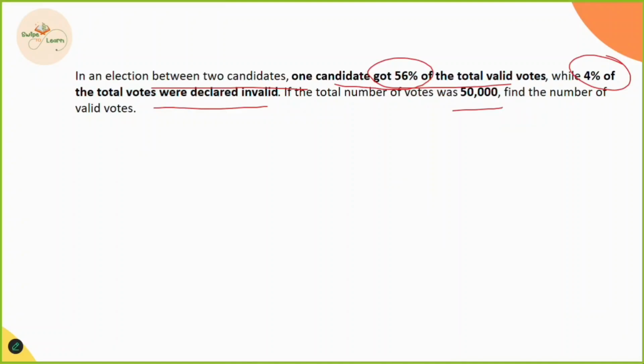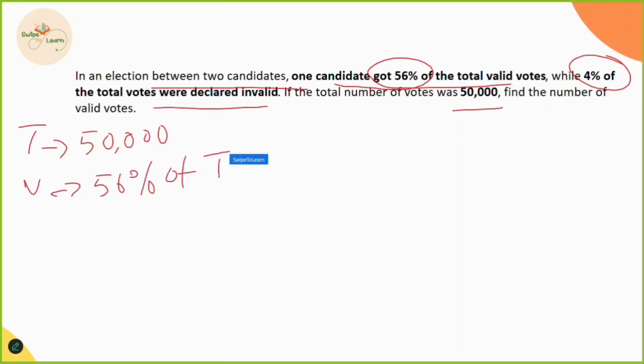Okay. In an election, there are valid as well as invalid votes. So the total number of votes is 50,000. Total votes are 50,000 and the valid ones are a share of the total valid votes, while invalid are 4% of the total votes.